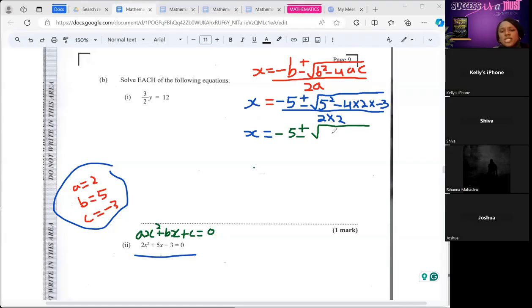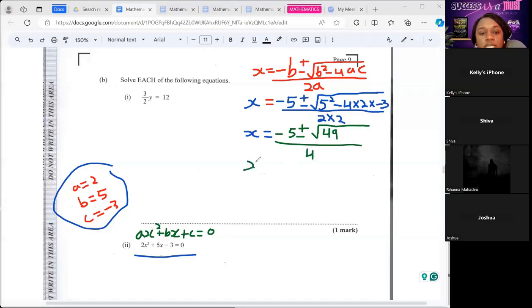But of course, if you're doing this on paper, you have to do it step by step, which means you'll do 5 squared is 25, because you have to do a power, anything with an exponent, before anything else here. But yeah, so 49, and then 2 multiplied by 2 is 4.